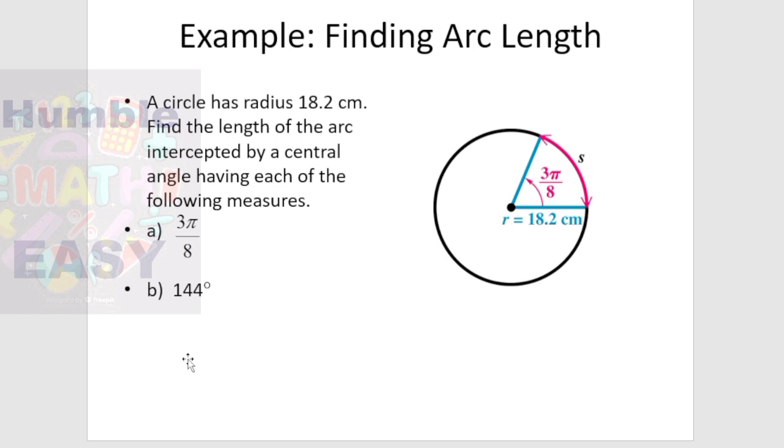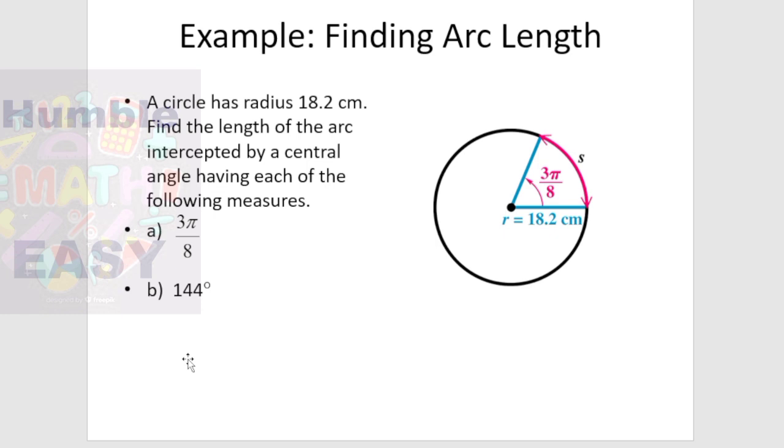Find the arc length intercepted by the angle of each of the following measures: 3 pi over 8, and 144 degrees. Take note, the reason we need to convert degree to radian or radian to degree is that, to get the arc length, the angle must be in radian. So whatever it takes, if it is in degrees, we convert it into radian.